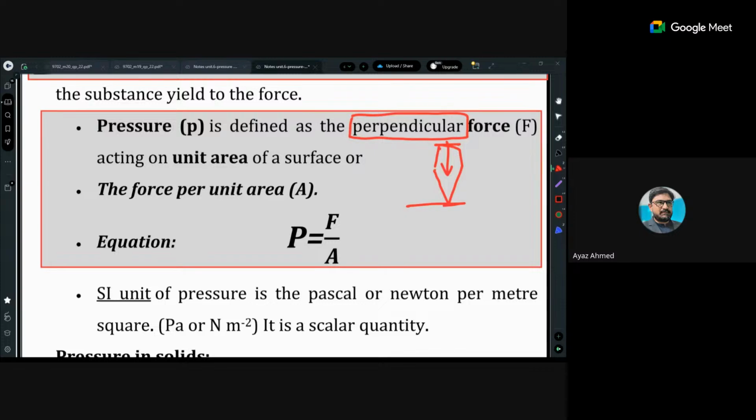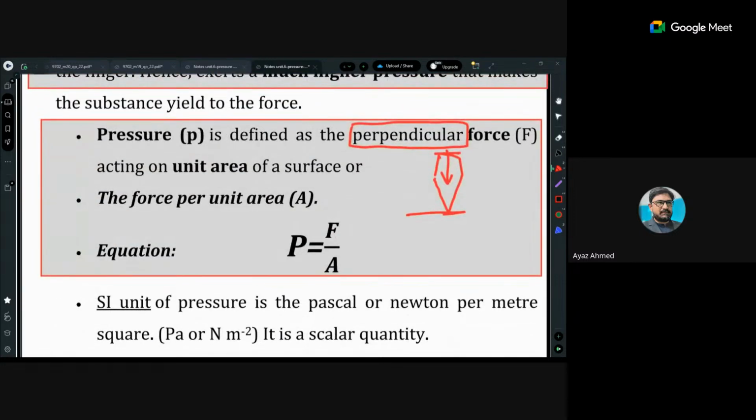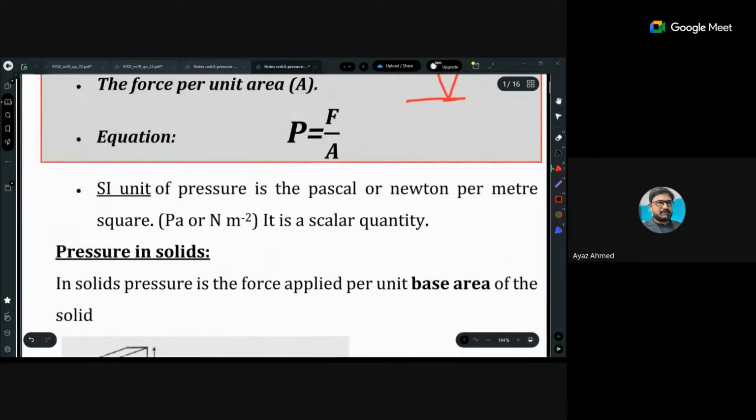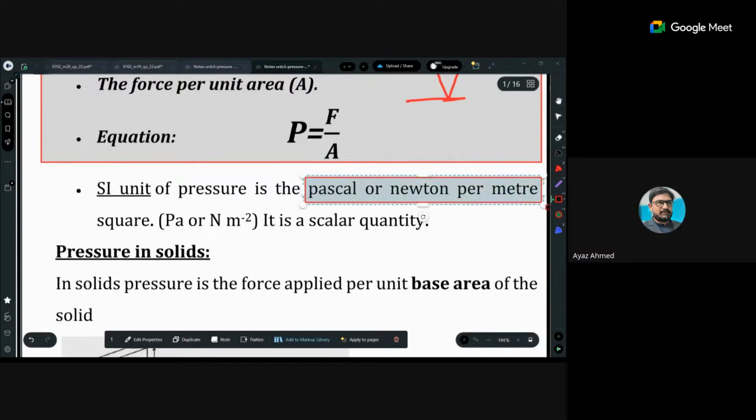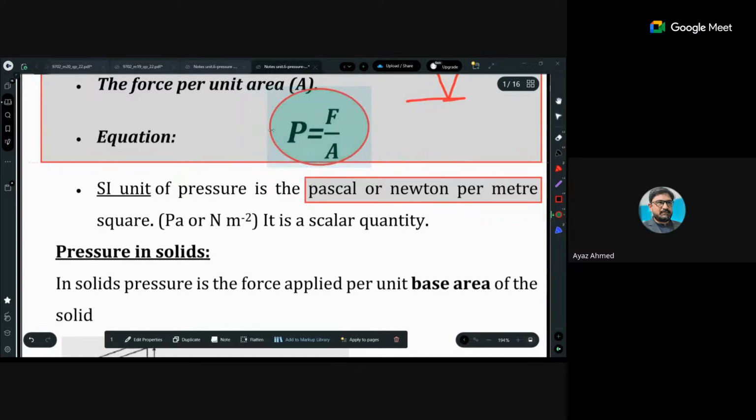Its defining formula is force per unit area. It's very simple. The SI unit of pressure is Pascal, or Newton per meter square. You have to keep this unit and this formula in mind for calculations.